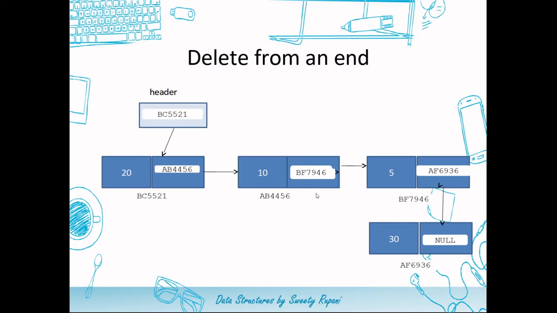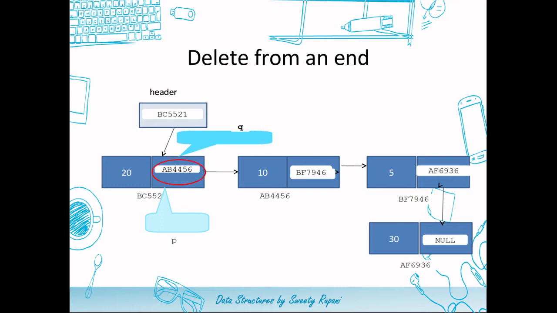Now if you want to delete a value from the end, this is a bit complex task, because we have to traverse the list in order to find the last node, and we have to update the address in the second last node. So here we are going to take two pointers P and Q, initially pointing to the first node, continuing until P gets the last node.